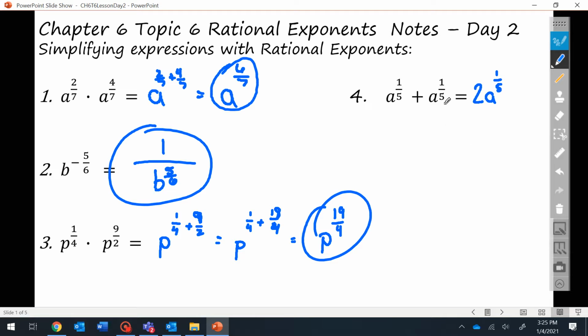Because these are just variables, they have to have the same exponents, just like x squared plus x squared would be 2x squared, x cubed plus x cubed would be 2x cubed. A to the 1/5 plus a to the 1/5 is 2a to the 1/5.